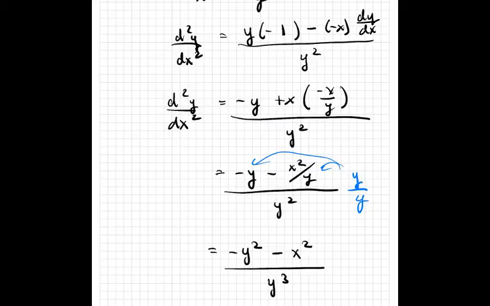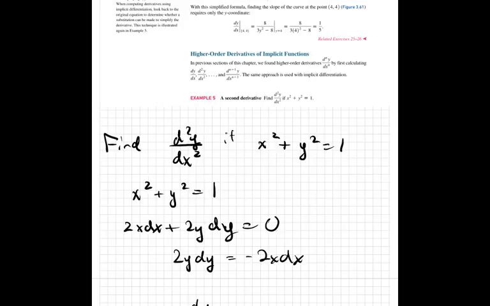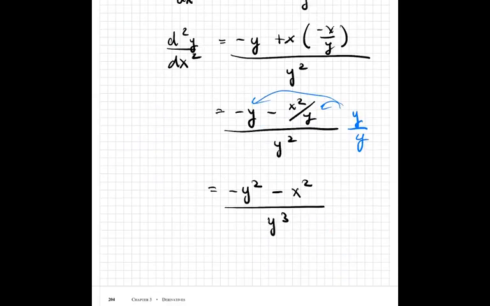What did the question ask us to do originally? Second derivative. I feel like I have a lot of negatives.